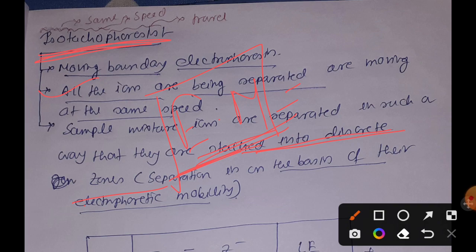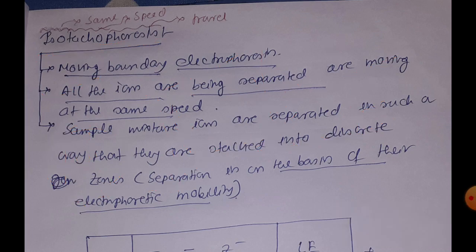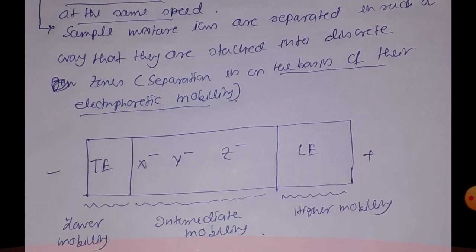It can be defined as the ratio of the migration rate of an ion to the electrical field, that means V by E, and it is denoted as mu. On the basis of electrophoretic mobility, isotachophoresis separates molecules in such a way that they are stacked in discrete zones, right?